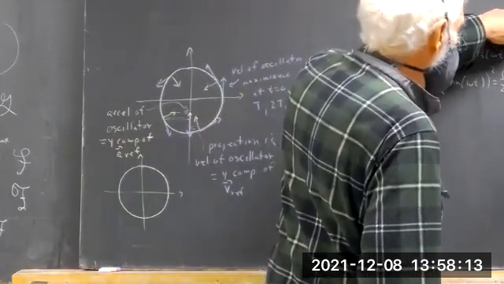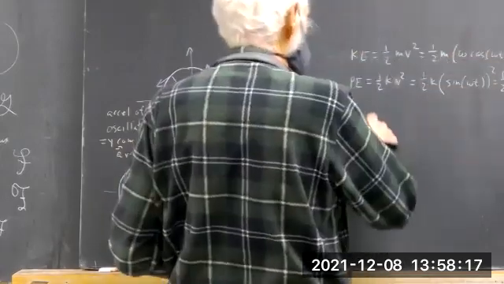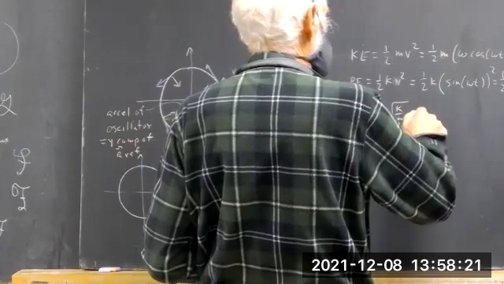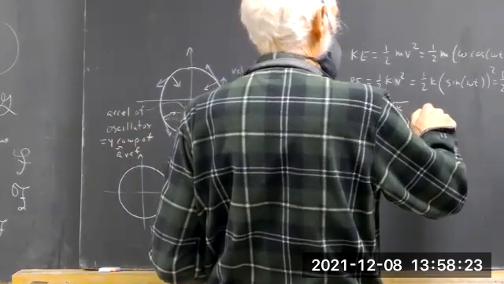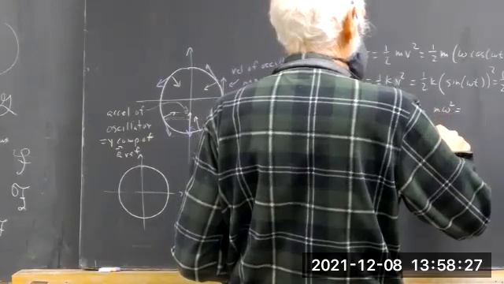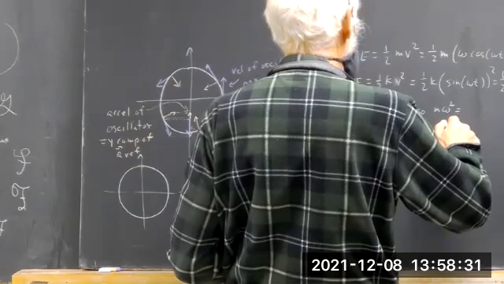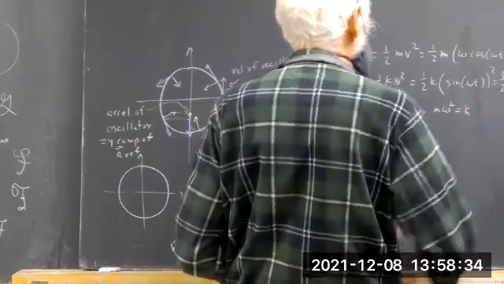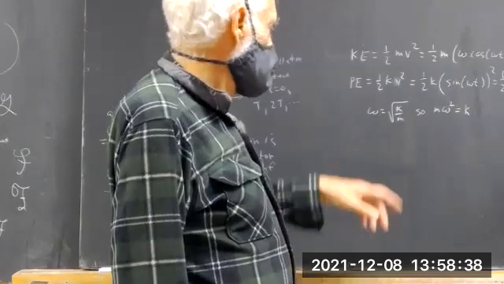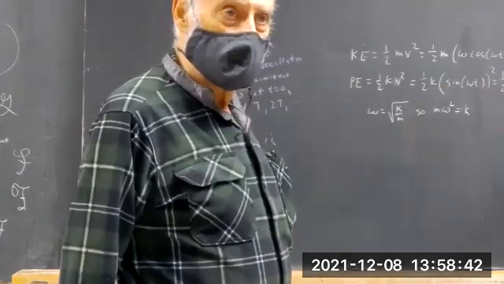Now, omega, m, and k are related, aren't they? If you square both sides of this and multiply by m, you see that m omega squared equals k.